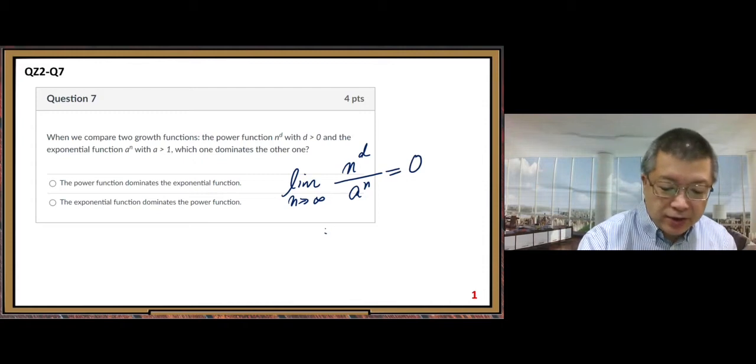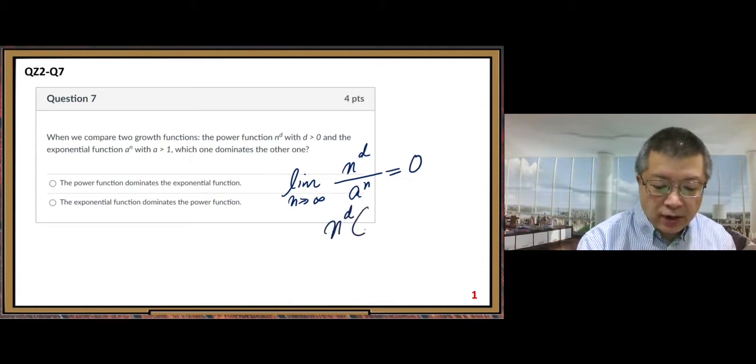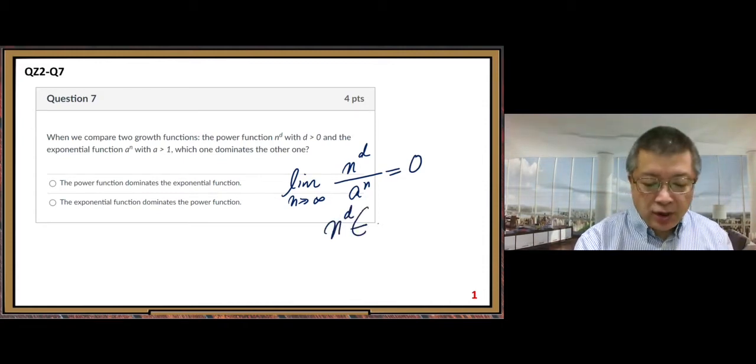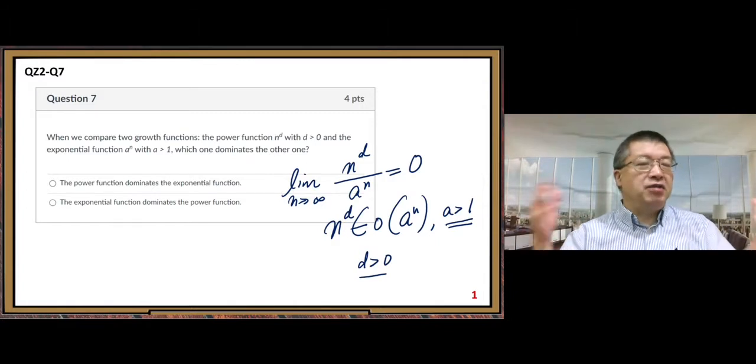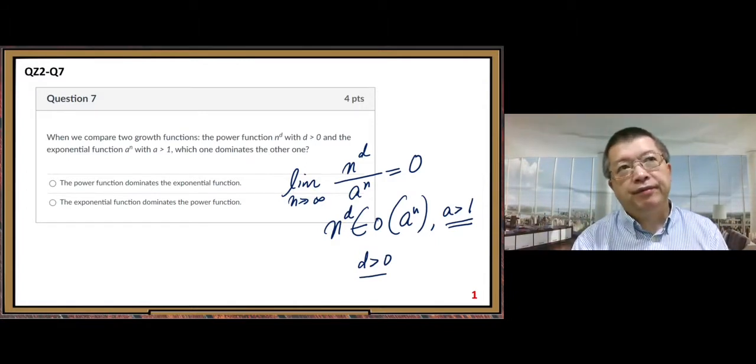So that means n to the d belongs to little o of a to the nth, a greater than 1, d positive. That's the result we have.